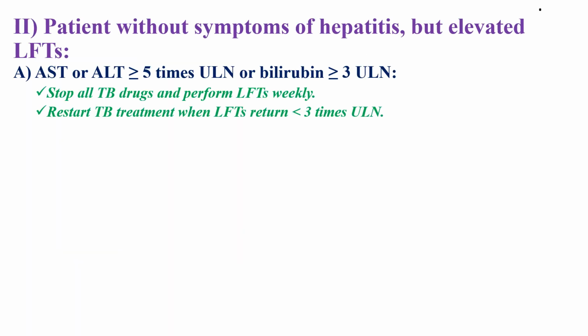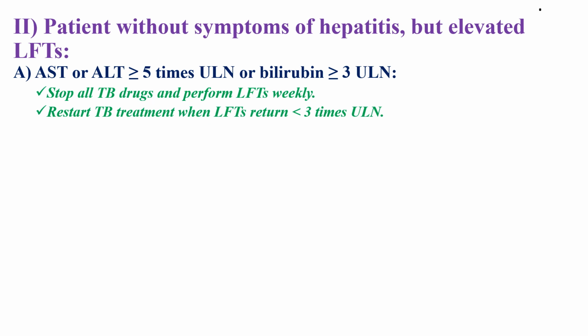But if a patient is without symptoms of hepatitis but has elevated liver enzymes and bilirubin, and the liver enzymes are more than 5 times the upper limit of normal or bilirubin is more than 3 times the upper limit of normal, stop all TB drugs and perform liver function tests weekly.